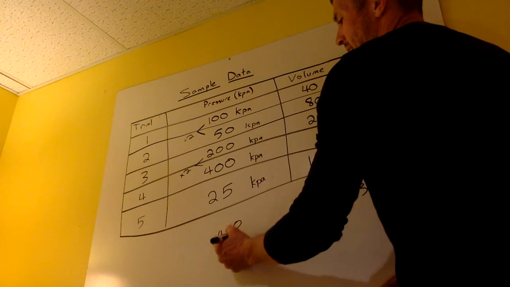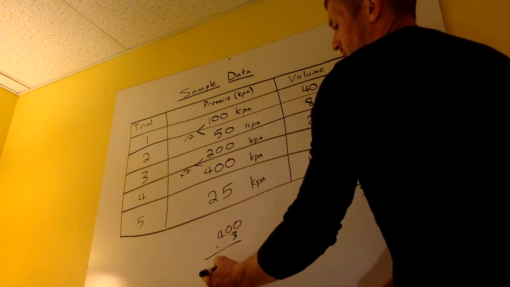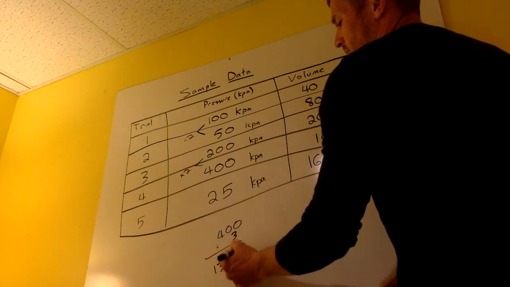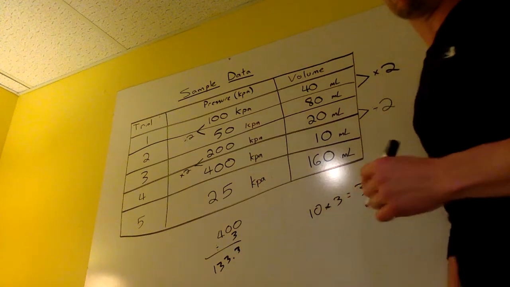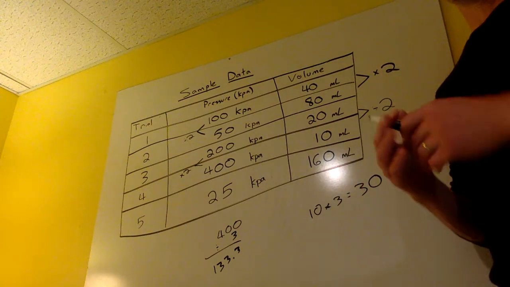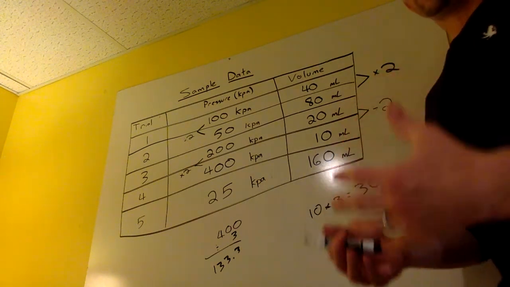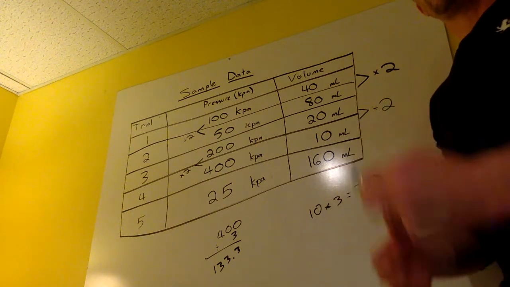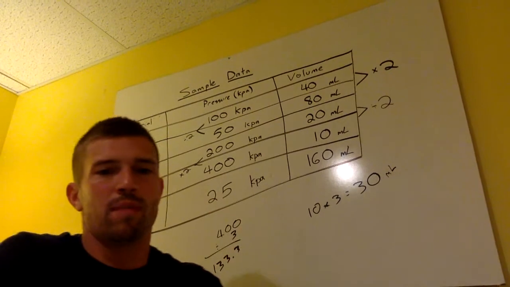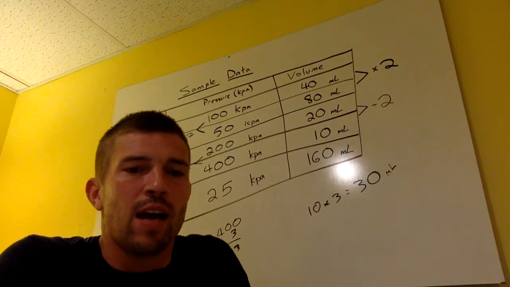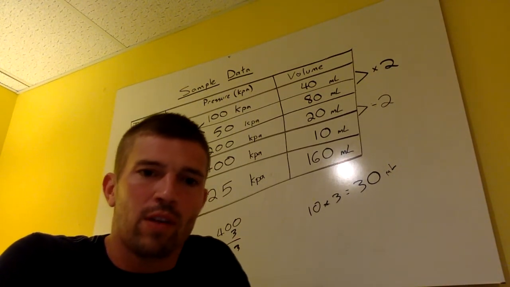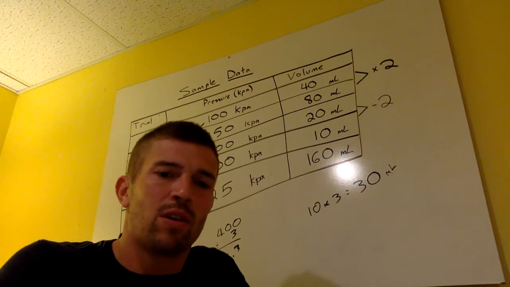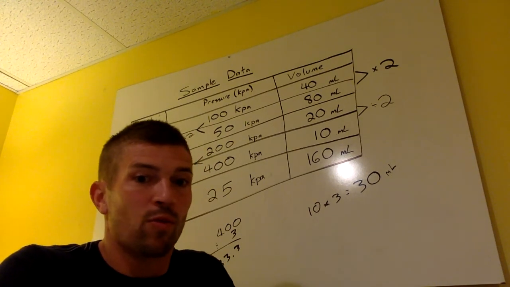So I would divide that by 3 and I'd get 133.33333. Okay, so that is the relationship between pressure and volume. It is inversely proportional. As one goes up, the other goes down. All right. I'm going to do another video where I talk about doing the math part of this. So we got that to look forward to too.